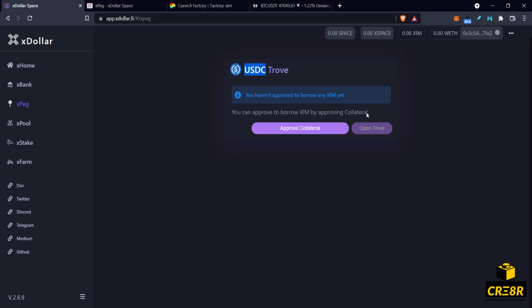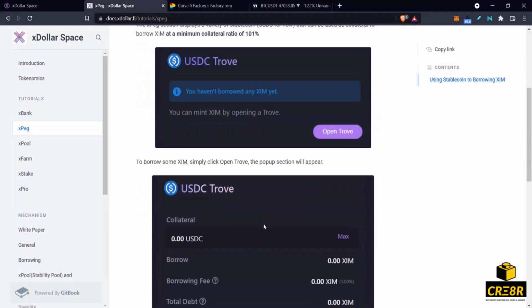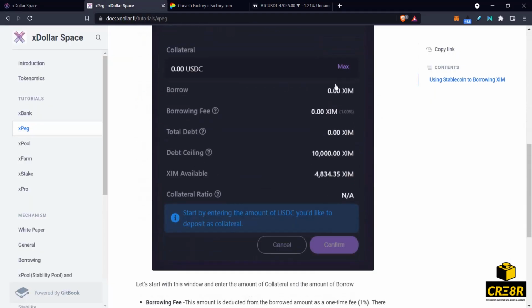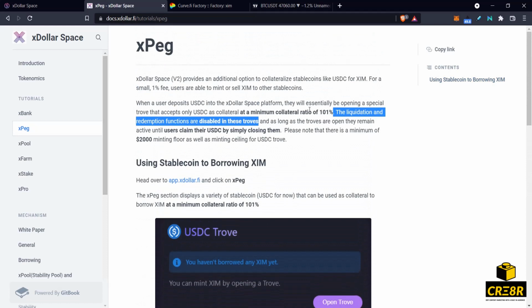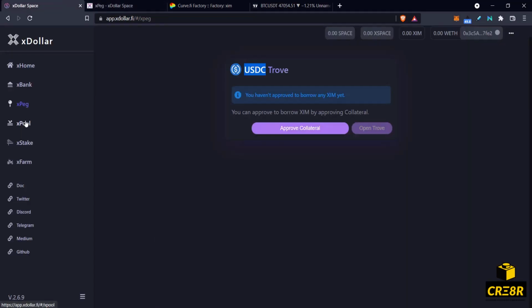Only the people who build the troves can get this USDC back out of here, and they cannot be liquidated. So there's no liquidation on this as well. Now, as you can see, if you go down here, there is no liquidation fee for these troves. Okay, so this is another way that they can help bring the peg back down when it's above peg, right?